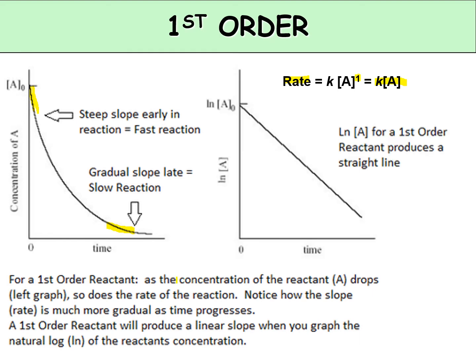And in this case, the trick is to plot on the y-axis the logarithm of the concentration instead of the concentration as it is. You see on the x-axis we have time in both, so we don't change it at all. But by changing the y variable from concentration to logarithm of the concentration, we get a straight line.